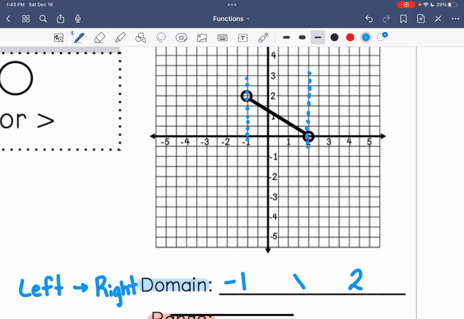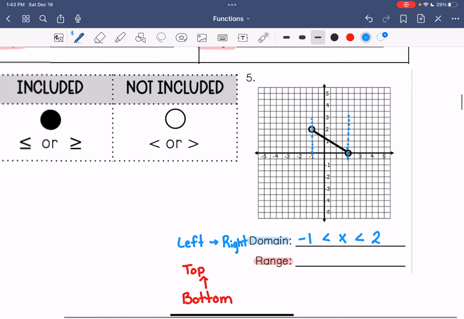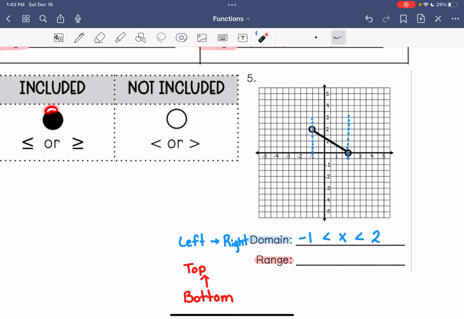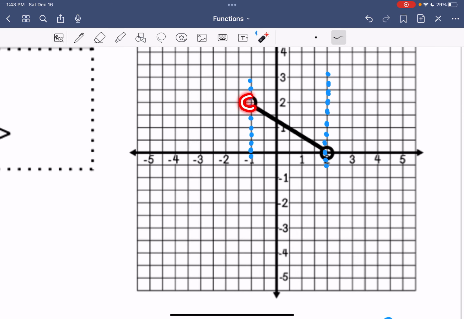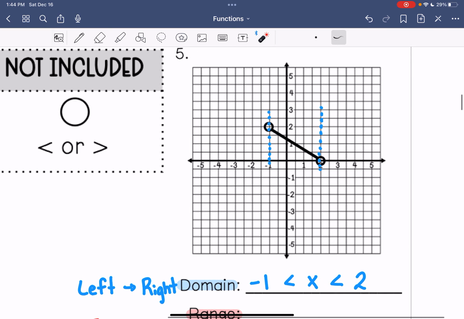Domain measures x. And I will go ahead and fill in my inequality symbols. Remembering that a closed circle would mean or equal to, I would need to add that line, and an open circle does not need the line under it. Our circles on our graph happen to be open, so I am done.